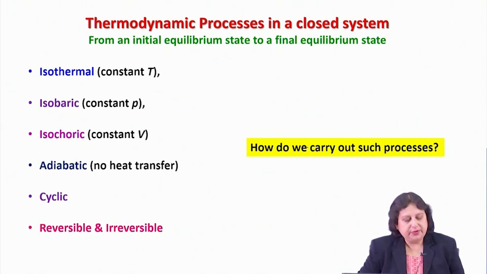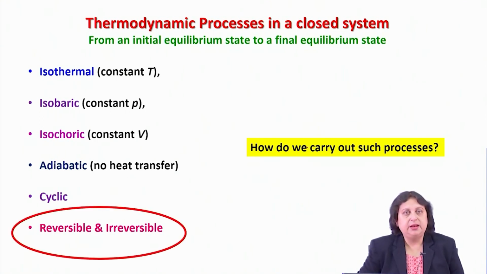Apart from the last set of processes, I have described to you how to represent the other processes like isothermal, isobaric, isochoric, adiabatic, cyclic processes. Now let me tell you a little bit about what are reversible and irreversible processes.